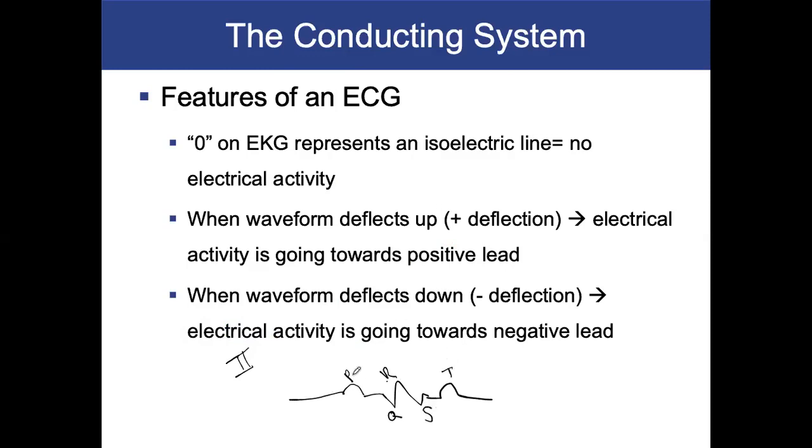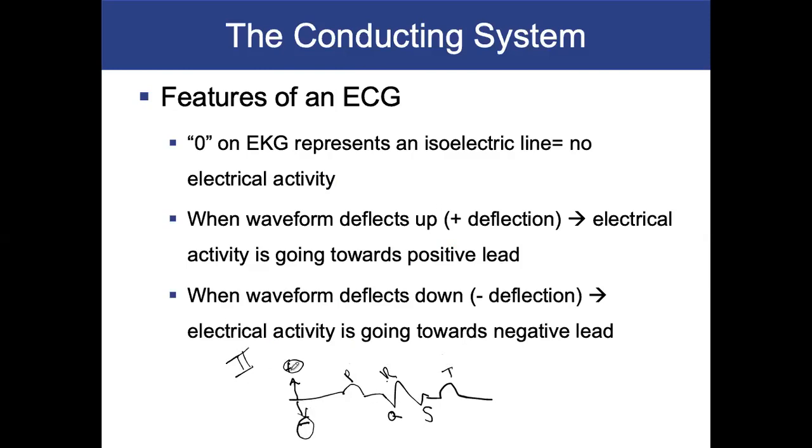And I'll go over these in a second with you. Anytime you see a waveform going up, like your P, your R, and T, that means that the electrical current's going towards a positive lead. Anytime you see a negative deflection, like your Q and S, that means the electrical current's flowing towards the negative lead.